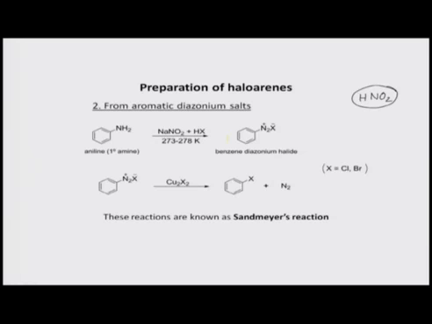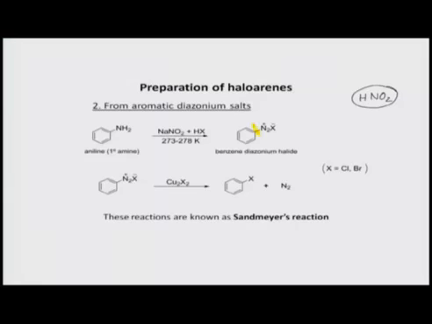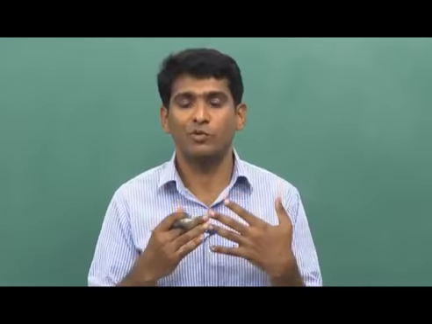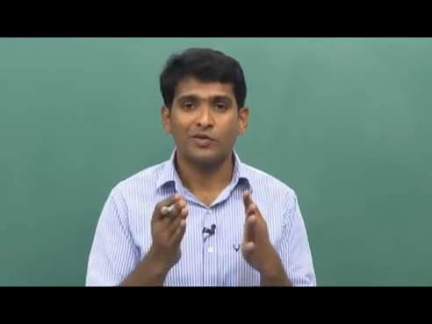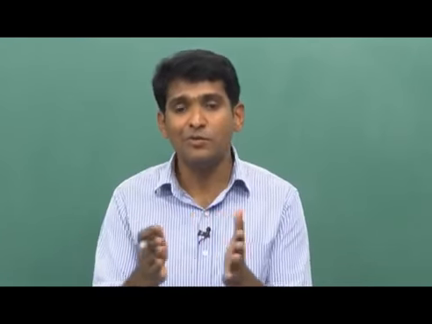So, we get a benzene diazonium salt where an aromatic ring is attached to a nitrogen group with a positive charge. It is not just one nitrogen, there are two nitrogen atoms. This carbon nitrogen bond can be cleaved quite easily. A nitrogen molecule is very stable, that is why we have so much of it in the atmosphere, and it can easily leave organic compounds because it forms a very stable species.